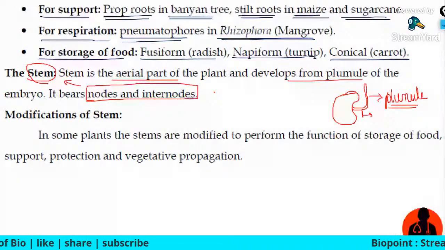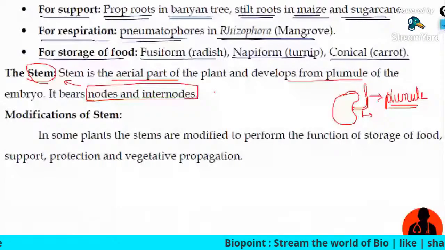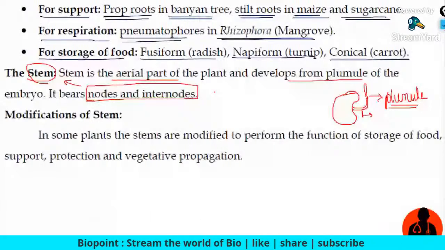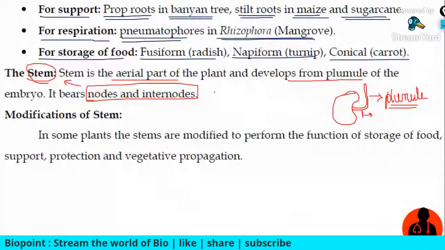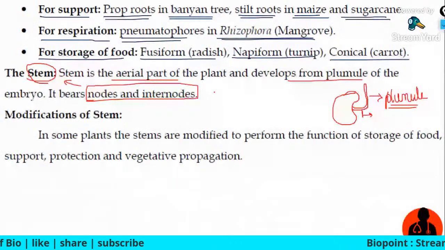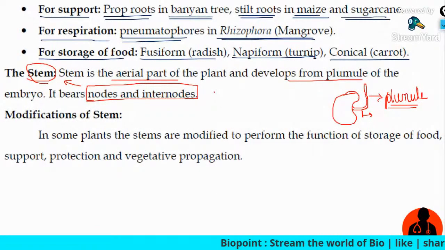So the only difference between roots and stem is that stems have nodes and internodes. Clear?